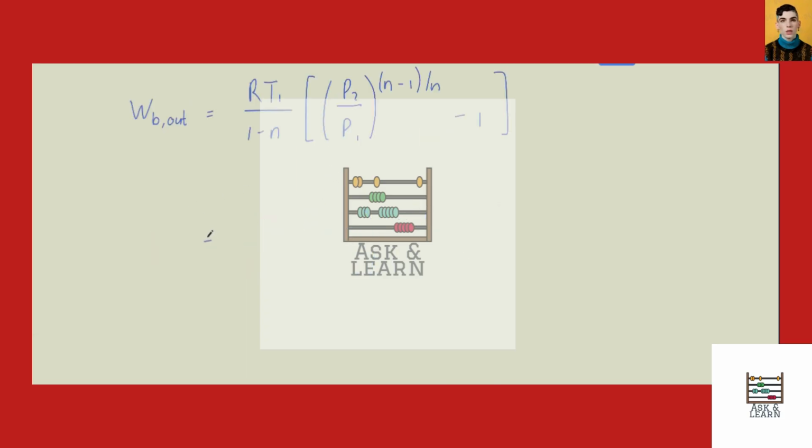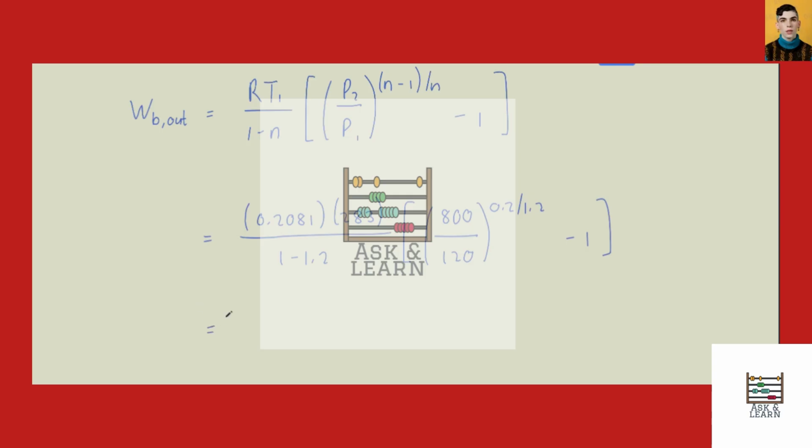So now we can substitute our values in here and find this boundary work. So R, and our values here in SI units, so we'll suppress the units, 0.2081 kJ/kg·K times T1, which is 283 Kelvin, over 1 minus n, where n is given as 1.2, into the ratio of the pressures, which is 800 over 120, to the power 0.2 over 1.2, minus 1.